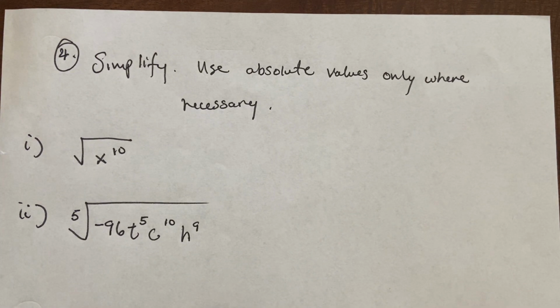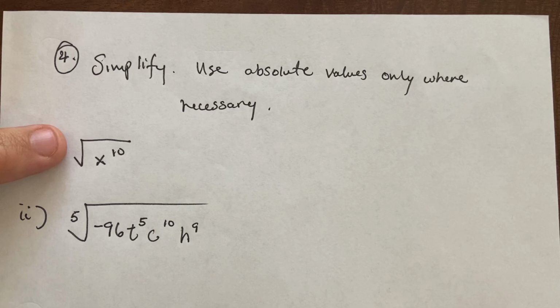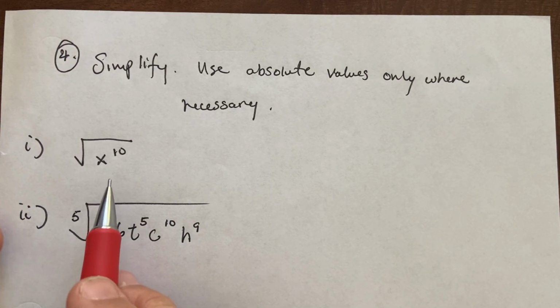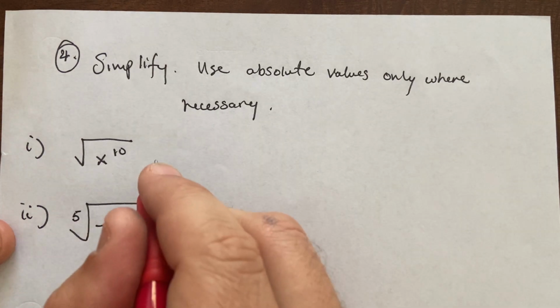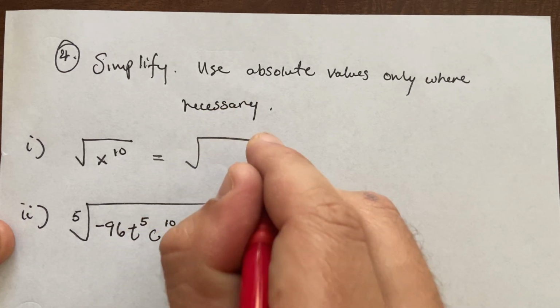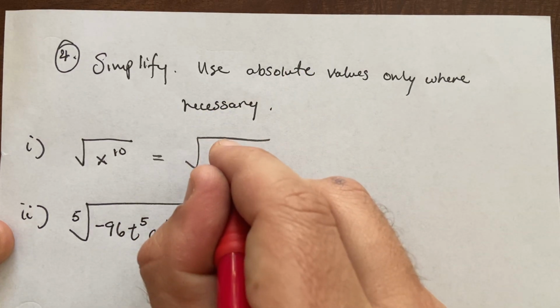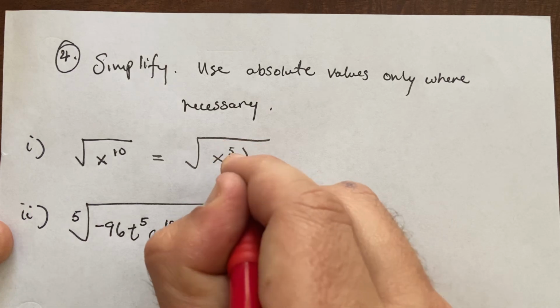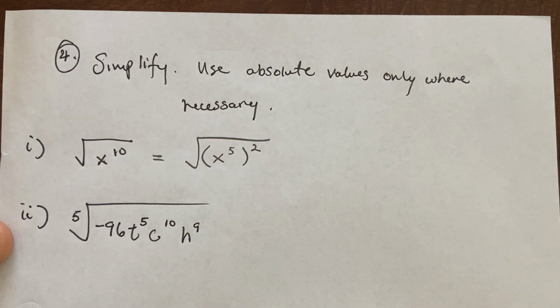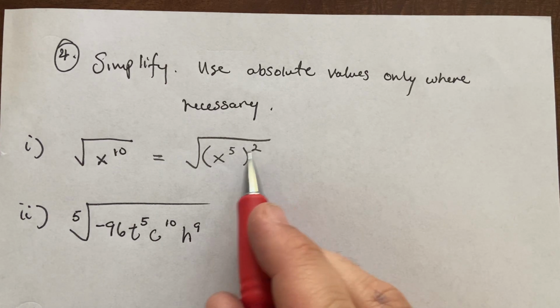So simplify, it says use absolute values only where necessary. So the first one I have is a square root. So I want to think of, okay, how do I get all the perfect squares out of x to the 10th? X to the 5th squared is the same as x to the 10th because powers to powers multiply.